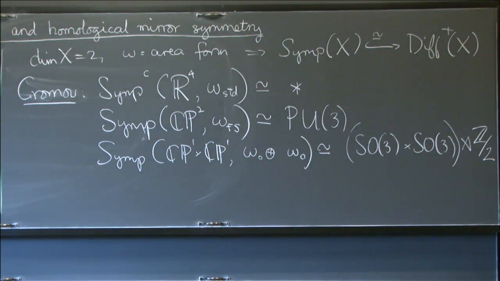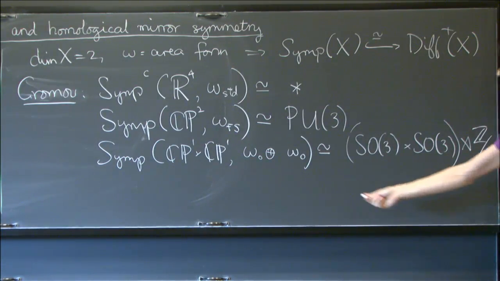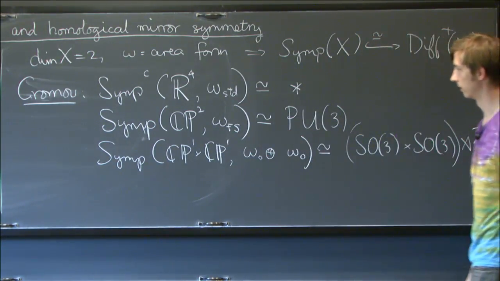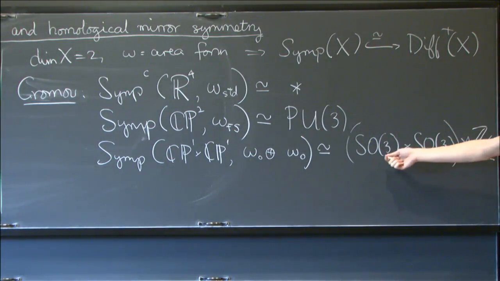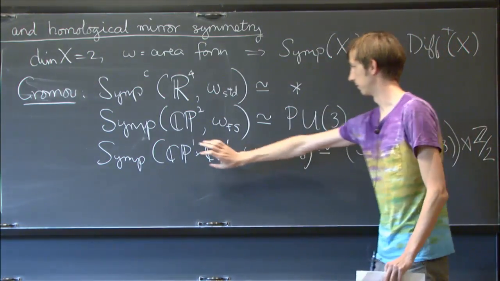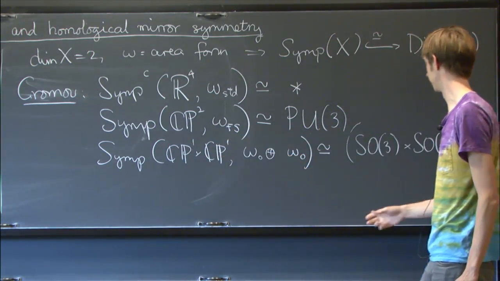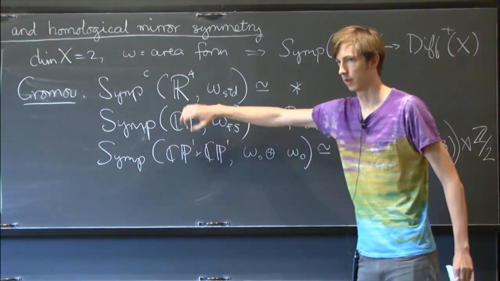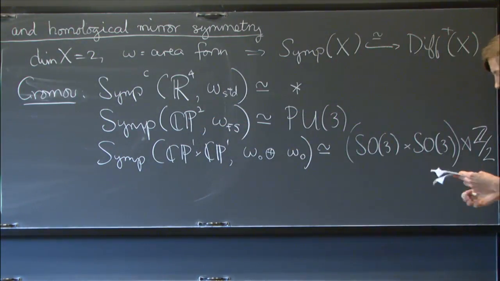And if you have CP1 cross CP1 with equal area forms on the two factors, then you get SO3 cross SO3 semi-direct product Z mod 2: rotating each factor, semi-direct product with the thing that swaps both of them.